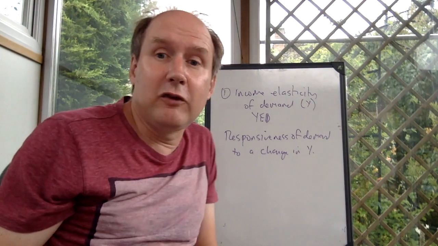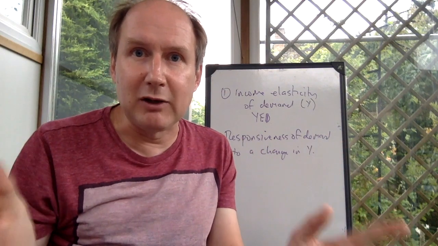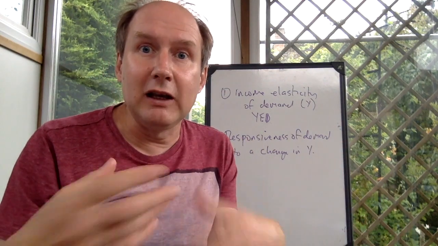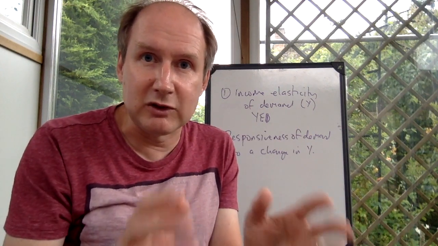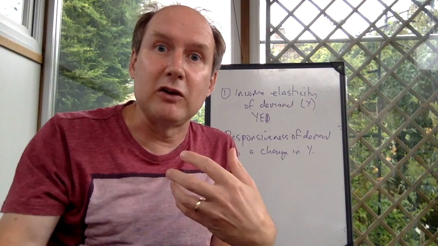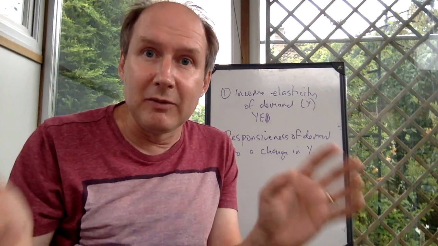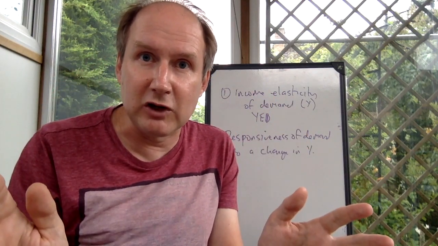If income changes and demand changes a lot, then we'd say that's income elastic. If income changes and demand changes only by a little bit, then we'd say demand was inelastic. And that doesn't matter whether income goes up and demand goes up, or income goes up and demand goes down. It's a question of how far demand changes.